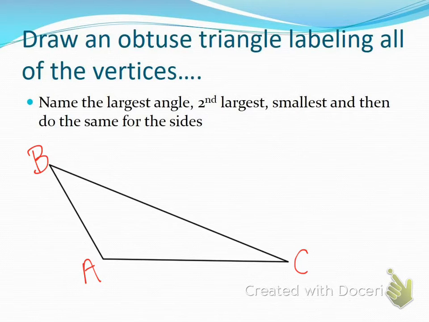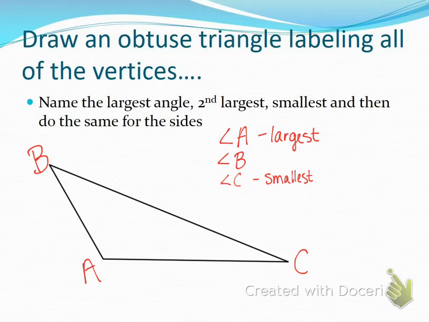So what is the largest angle? Okay, so angle A is the largest. What about the second largest? Angle B appears to be a little bit bigger than our smallest one, which would be angle C. That's our smallest. Okay, we were also asked to do the same thing for the sides.